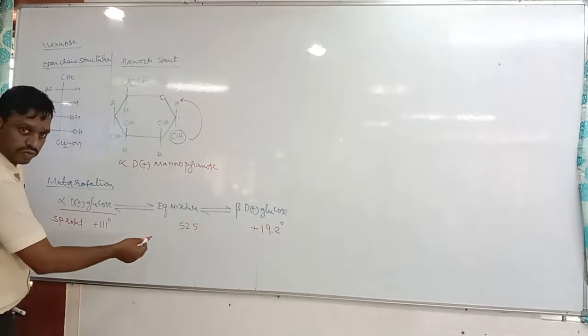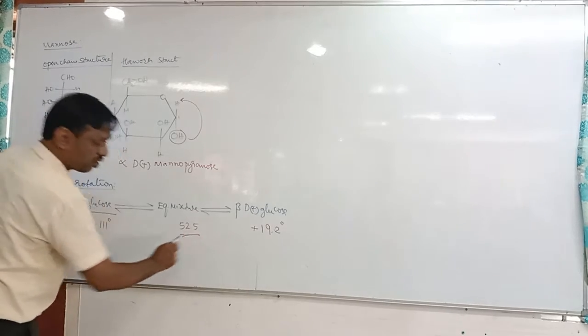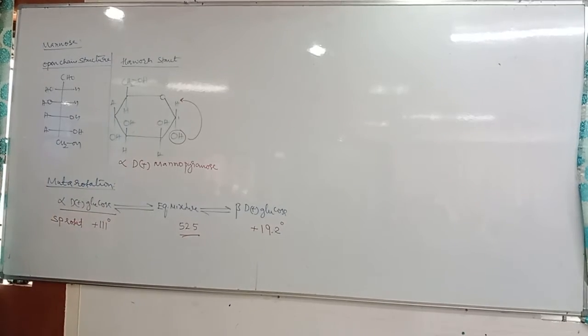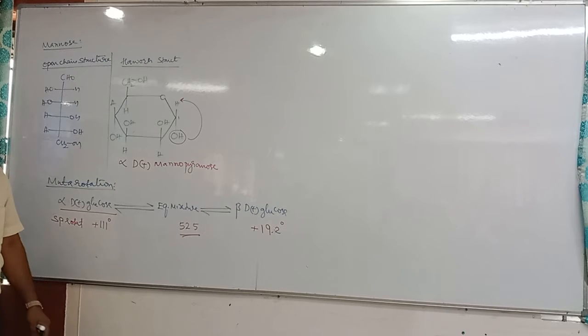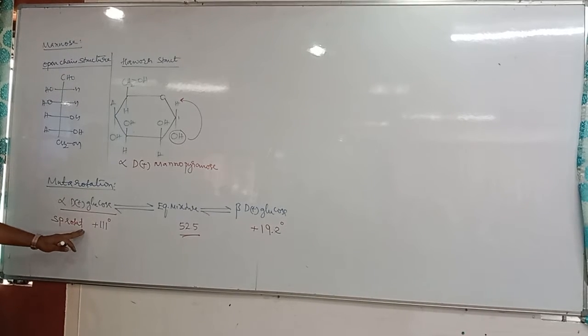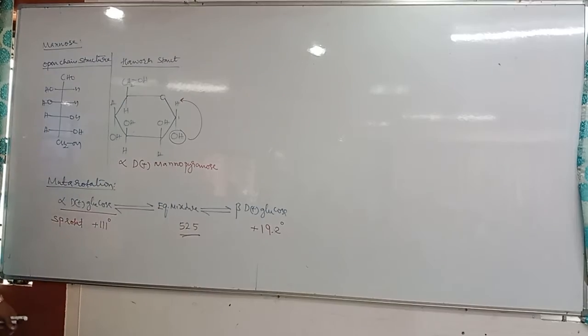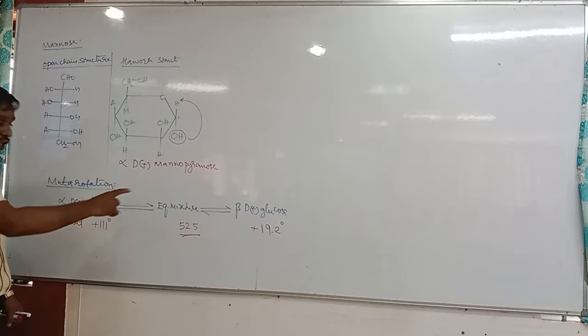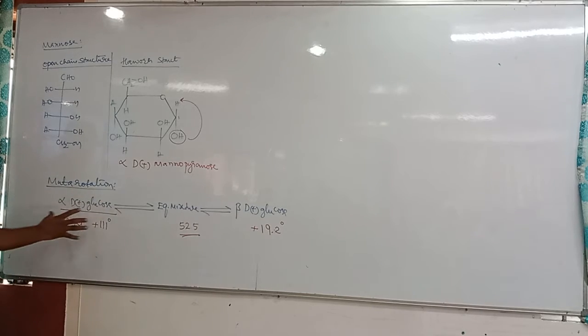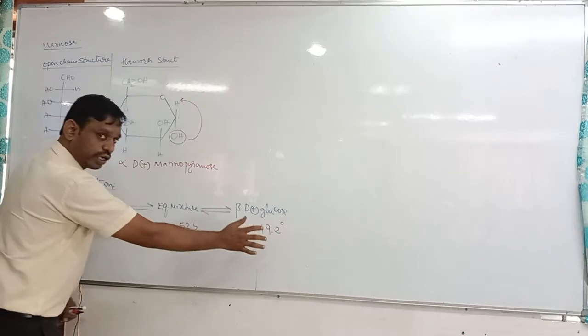We have taken glucose, nothing but the equilibrium. Here the rotation of alpha is this, the rotation of beta is this, then the equilibrium is this. Now what is mutarotation? Mutarotation is the spontaneous change in specific rotation of an optically active compound. This is one optically active compound, and this is also an optically active compound.